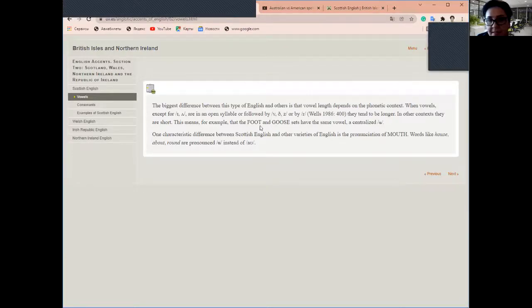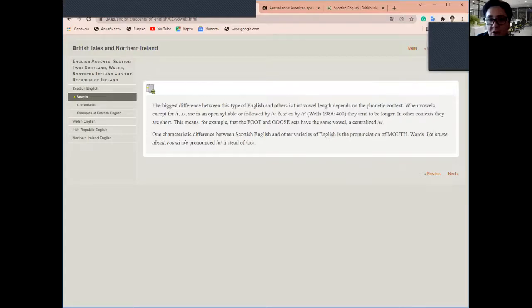For example, the food and goose sets have the same vowel, a centralized oo, but in the word mouse, for example, English has one pronunciation, but in Scottish they pronounce it differently, moose.